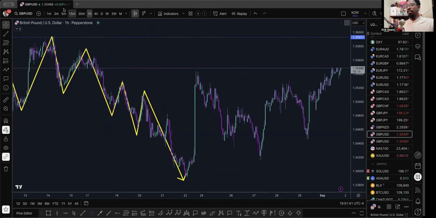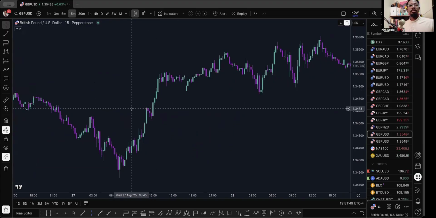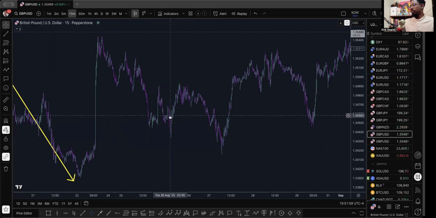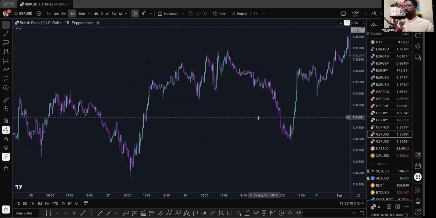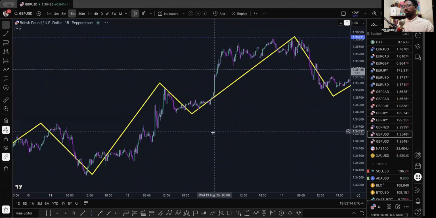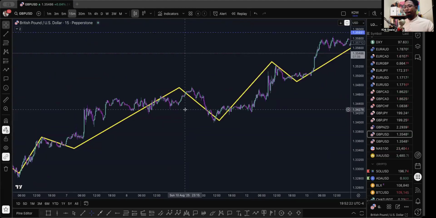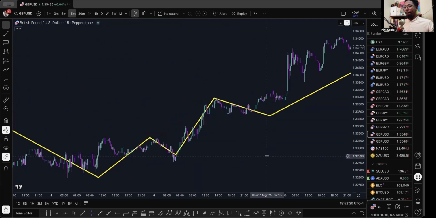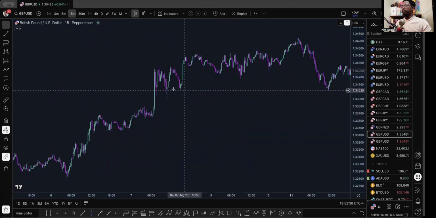All right, let's head to the chart, see what we can find. We're going to go on the 15-minute and see what's up. Let's see what we can get here.